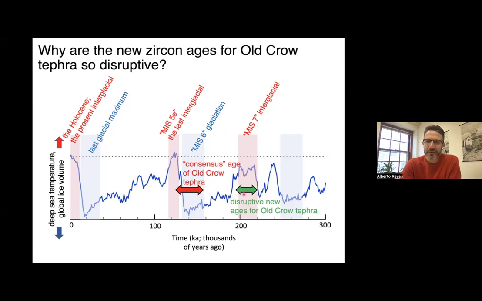And as you can see, this presents a real problem with identifying what those interglacial sediments are that overlie Old Crow tephra. In some cases, Old Crow tephra is seemingly reworked into interglacial-type sediments. And if that's the case, and these new zircon ages are correct, it implies that those interglacial sediments are actually stage 7, or it implies that all of stage 6 is represented by a meter or so of sedimentation.